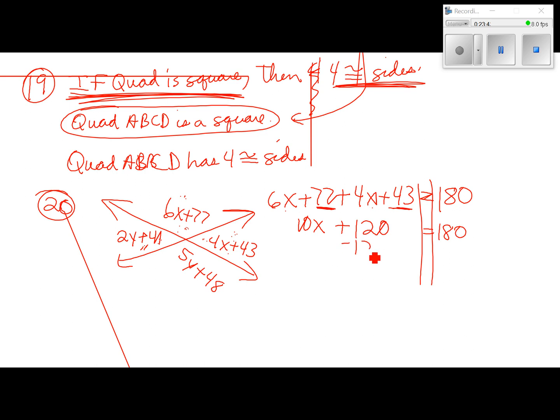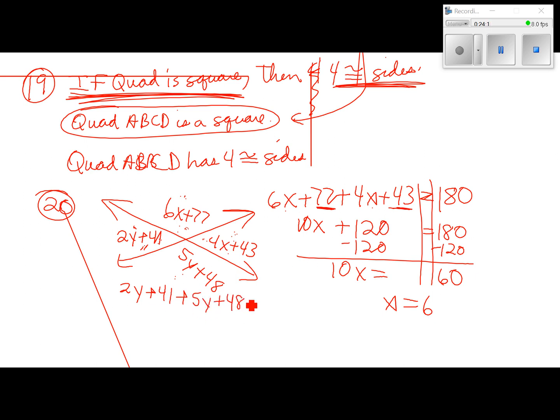Now we just solve it. Subtract 120 on both sides. End up with 10x equals 60. So x would have to equal 6. And then if we go back, we know that these two angles are also a linear pair. So 2y plus 41 plus 5y plus 48 should have to equal 180.